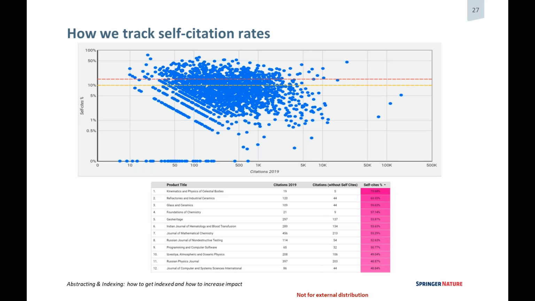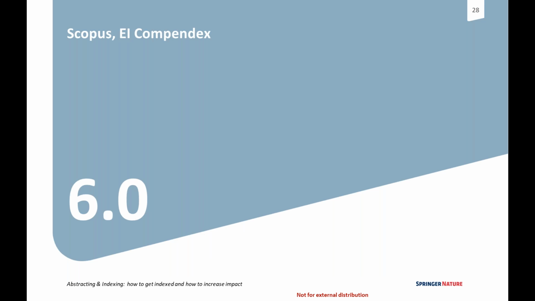Then we do the comparative analysis within the subject category and share this information with the teams so they have a better understanding of how to control the self-citation rate, because you don't want your journal to get suppressed. So these are all the value-added services that we provide.